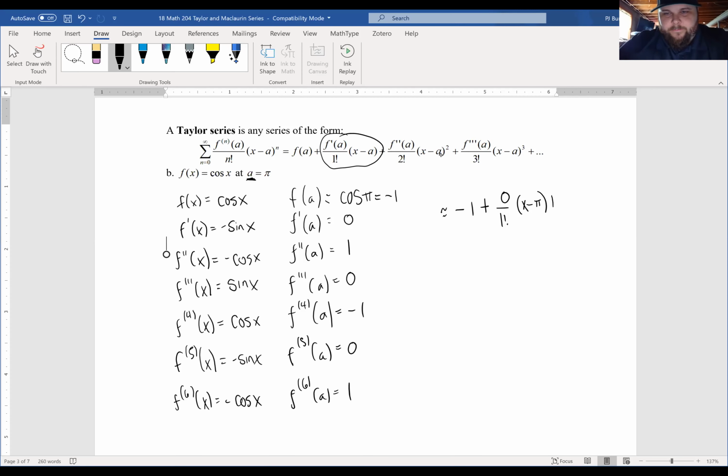Then the next term is f double prime, that's 1 over 2 factorial times x minus pi squared. Just continue down to the next line here. 0 over 3 factorial times x minus pi cubed. Then looks like a negative 1 times x minus pi to the 4th over 4 factorial.